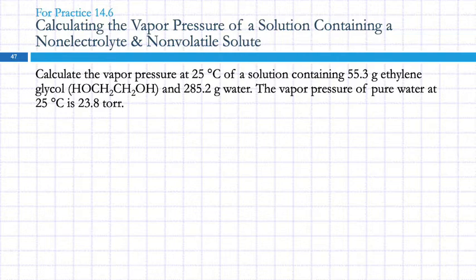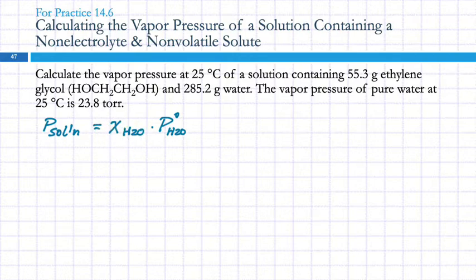So this one, calculating the vapor pressure. I'm not going to do this whole thing either, but the vapor pressure of the solution is going to equal the mole fraction of the solvent, here water, times the vapor pressure of pure water. We're given the vapor pressure of pure water. We have to calculate the mole fraction.